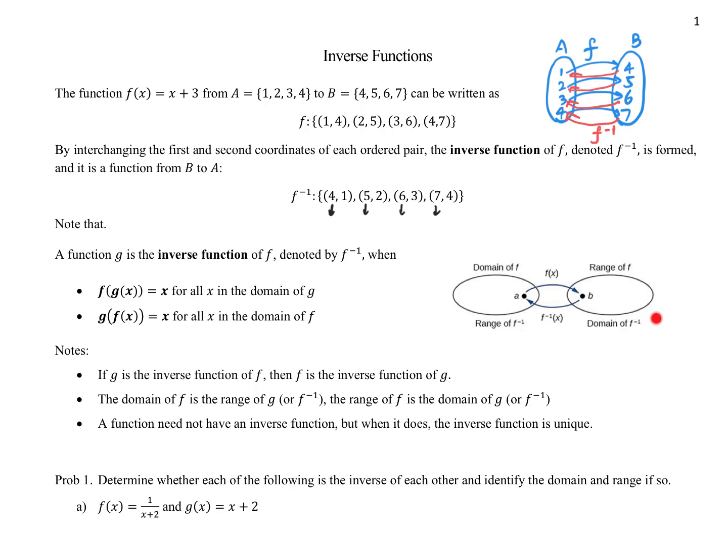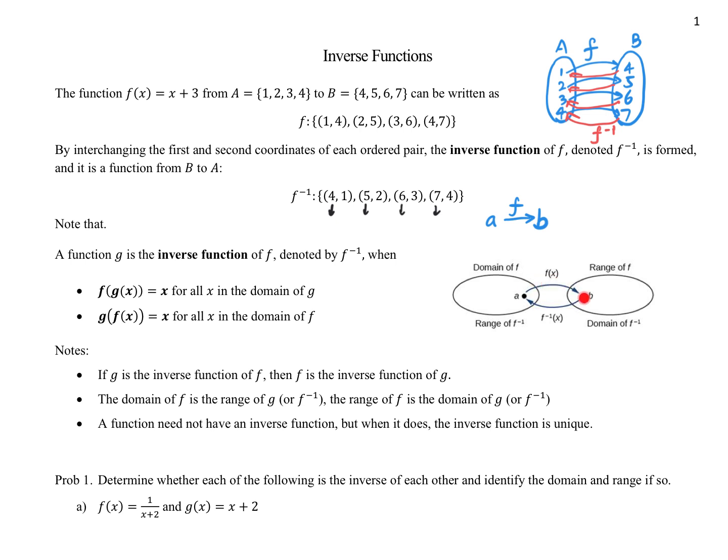And this is a graph of the function and its inverse. So say A is an element in the domain of f, and under f it is mapped to B. Now under the inverse it is mapped back to A. So I can visualize this as: A under f is mapped to B, right?